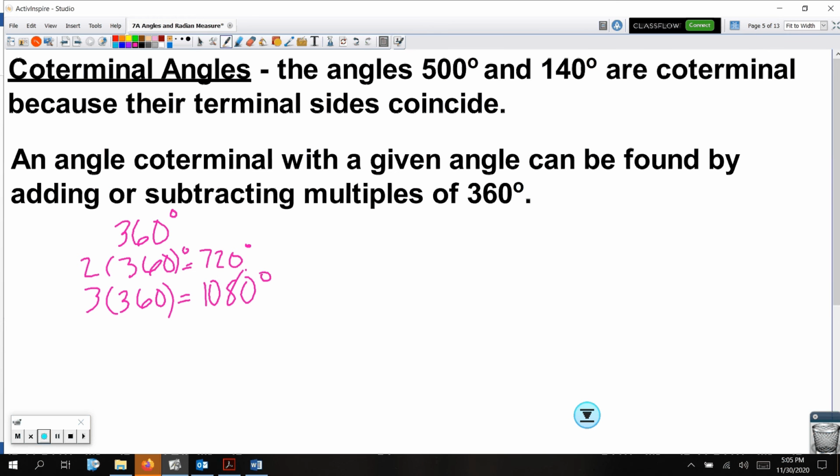You need to know those multiples because you're going to add and subtract. Let me just underline here. Multiples of 360: 360, 720, 1080. Those are the numbers you're going to be adding and subtracting to find your coterminal angles. Let's look at some examples.